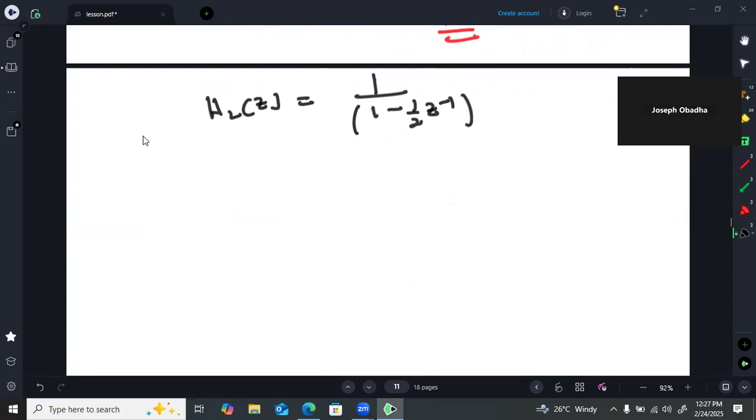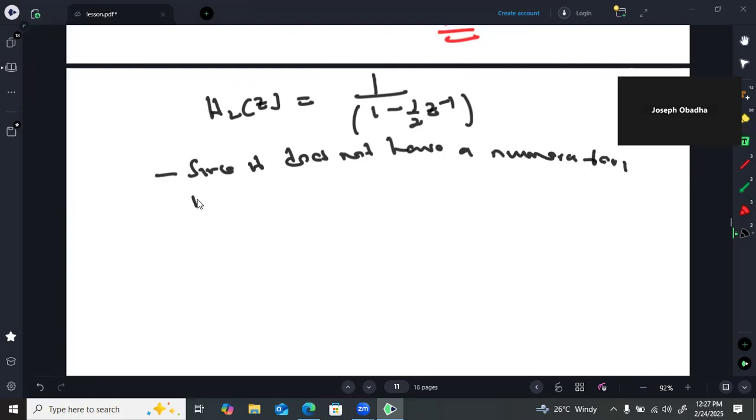Okay, so this one, since it does not have a numerator, the intermediate variable is not necessary.